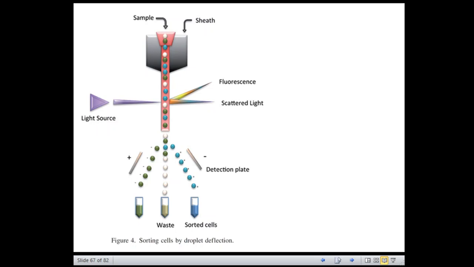And the beauty of this technique is it sorts the cells, that means one cell at a time is sorted, and this is based on the specific fluorescent characteristics of each cell.